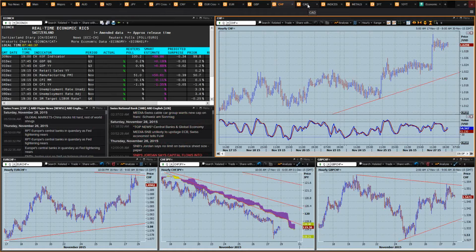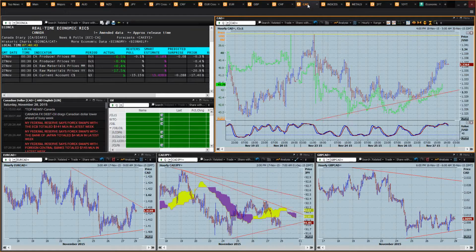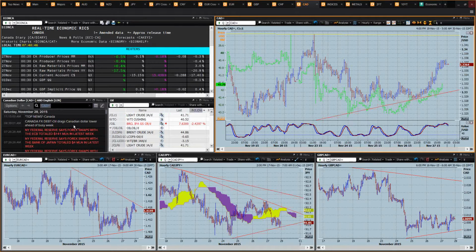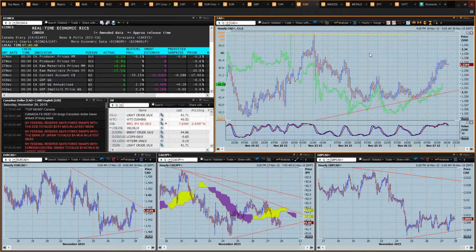A lot of companies went broke, a lot of traders went broke. I'd say his name is at the top of most assassins' lists at this stage. But yeah, you want to keep an eye on that Swiss. It may cause further issues if there is further appreciation there.